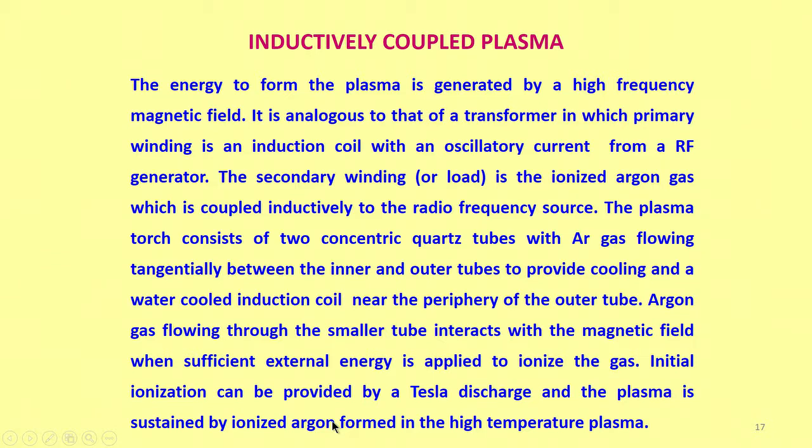Once argon keeps on flowing, plasma will keep on generating. Only thing is there are no two electrodes here which will erode. So, I have a continuous supply of high temperature zone in which argon ions are there and high temperature is provided in a small zone, just like a flame.